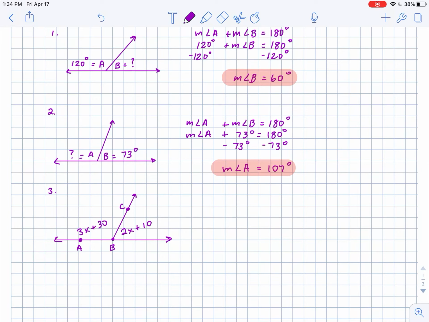So first off, angles are supplementary if they add up to 180 degrees. So I have the measure of angle ABC. And I have to add that to this other angle, CBD.